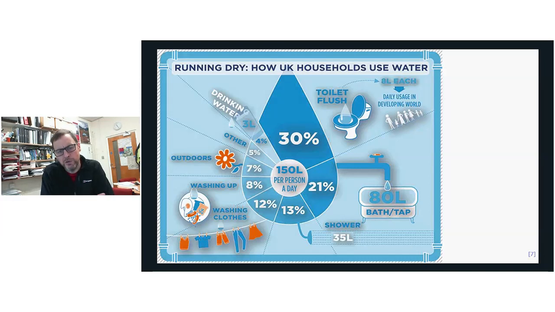So even a small reduction in the amount of water used in these ways has two benefits. Obviously, the household is using less water, so the water supply companies invest less energy in treating water and conveying it to these households, but also the householder is then spending less money heating the water to use it. So there's two benefits from reducing water usage in those areas.